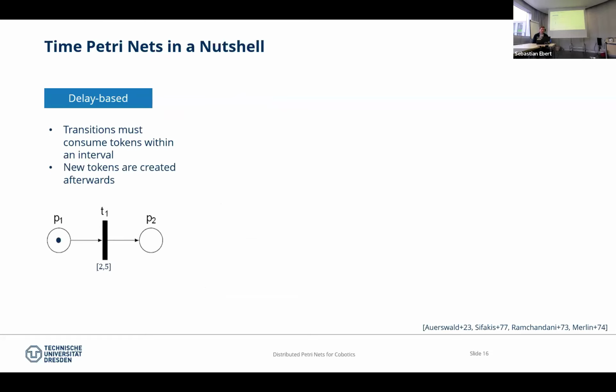The delay-based Petri nets, where we specify a firing interval where the first number, in this case 2, defines a minimum delay, and the transition cannot fire before that time. So if it's enabled, it can only fire 2 time units after it's enabled. And 5 in that case is the latest firing delay. So after 5, it can't fire even if it's enabled.